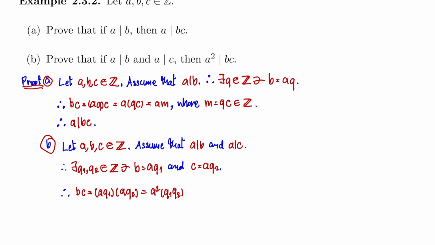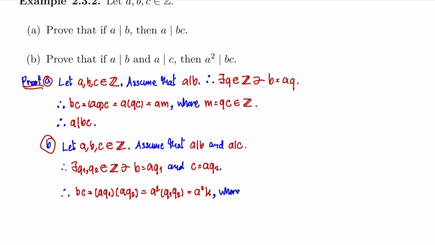Alright? Then if we have Q1 Q2, what do we have? So Q1 and Q2 are both integers. That means that the product of two integers must be an integer, right? So we've got A squared times, let me use K, okay?